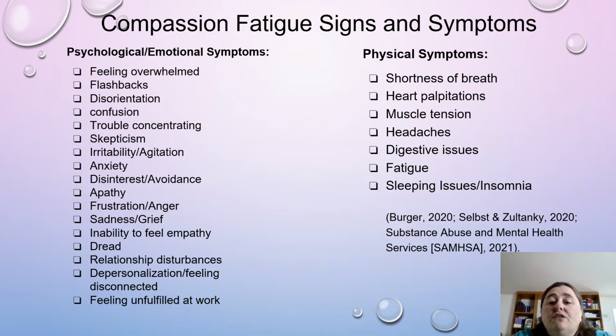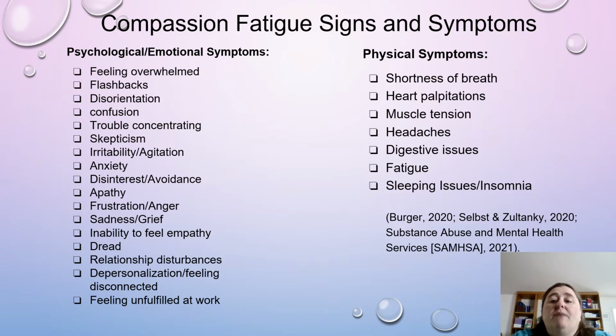Then there's also physical symptoms such as shortness of breath, heart palpitations, muscle tension, headaches, digestive issues, fatigue, and sleeping issues, including insomnia. So the signs and symptoms listed on this slide came from a variety of resources, as listed at the end of the slide.